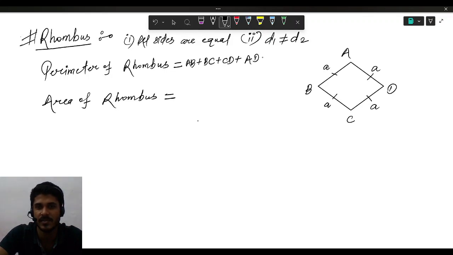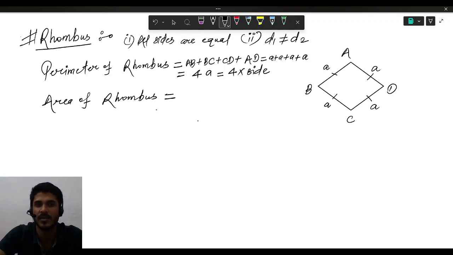Since all the four sides are equal, the perimeter becomes 4 into A, which is 4 into side, which is exactly same as what we had in the square, okay.